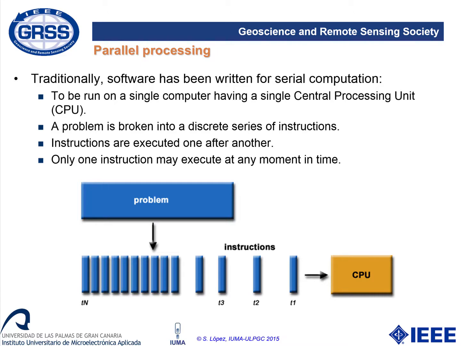This means that they are going to be run on a single computer that has a central processing unit, the CPU. The problem is typically broken into a discrete series of instructions, and these instructions are executed one after another. So only one instruction may be executed at any moment in time.